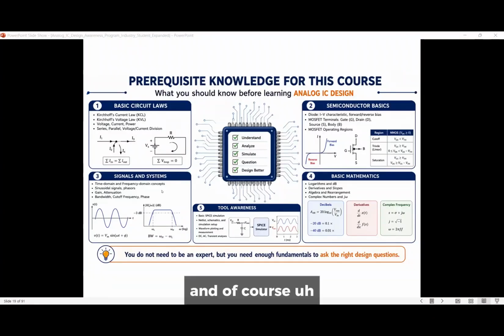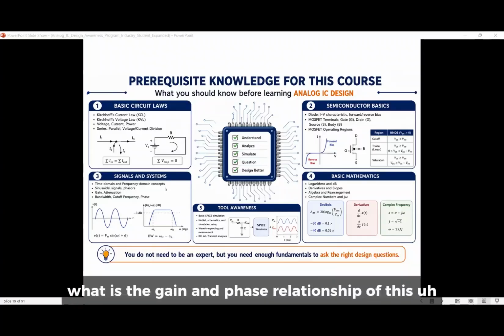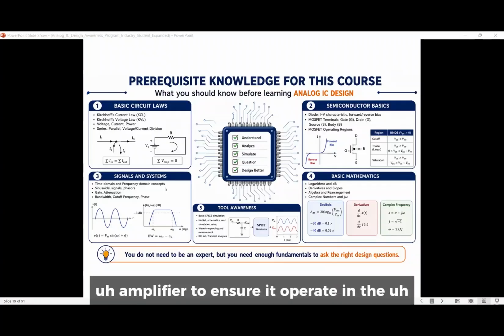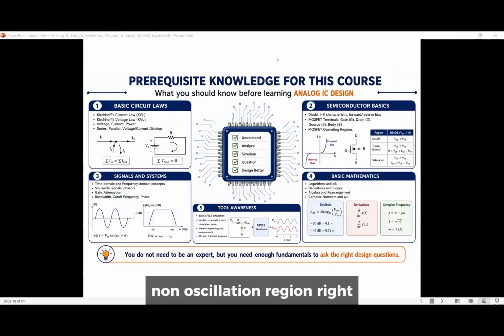And of course, even without input signal, we have to ensure the amplifier operates in the safe region. So we have to understand what is the gain and phase relationship of this amplifier to ensure it operates in the non-oscillation region, right?